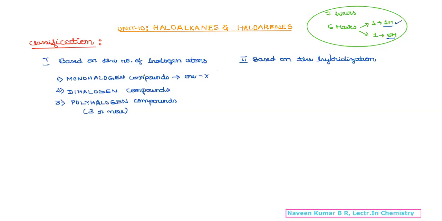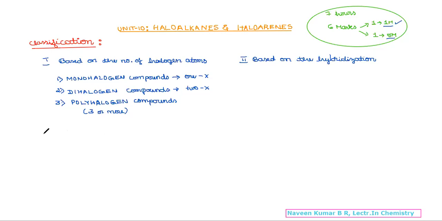If a haloalkane or haloarene contains two halogen atoms bonded to it, it is called a dihalogen compound. If it is 3, trihalogen, 4, tetrahalogen, and like this the names will be considered. So for 3 or more, the general term used for the respective alkyl halide or aryl halide is polyhalogen compounds. Monohalogen compounds, dihalogen compounds, polyhalogen compounds.